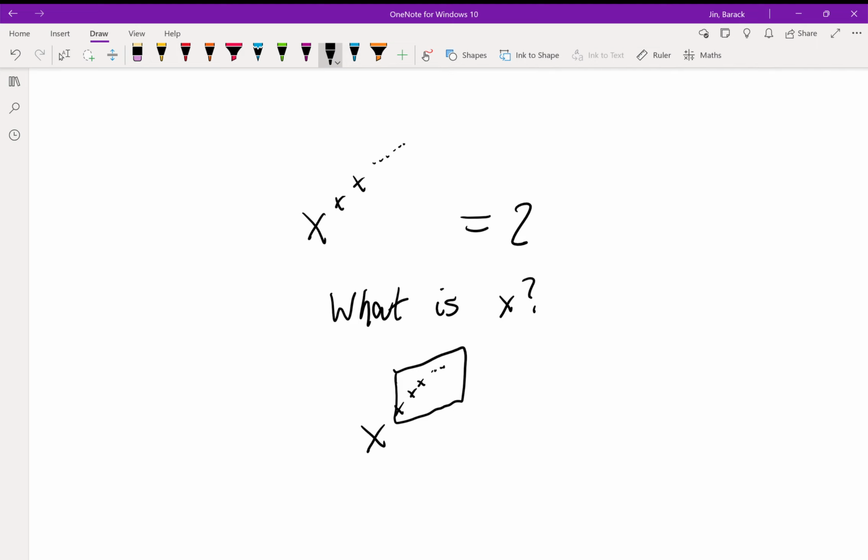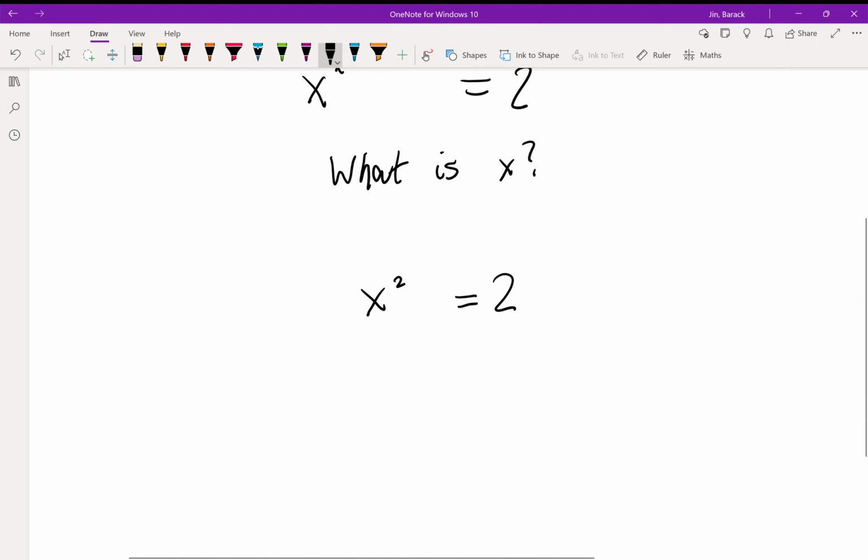And we know from the equation that this is 2. And so x squared equals 2. And now, we're assuming that x is positive, so x equals the square root of 2.